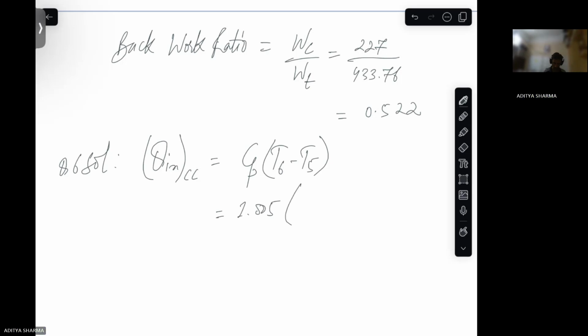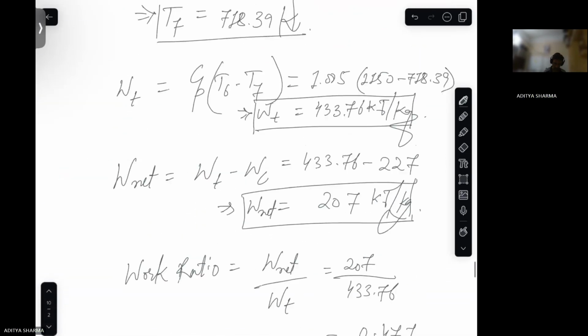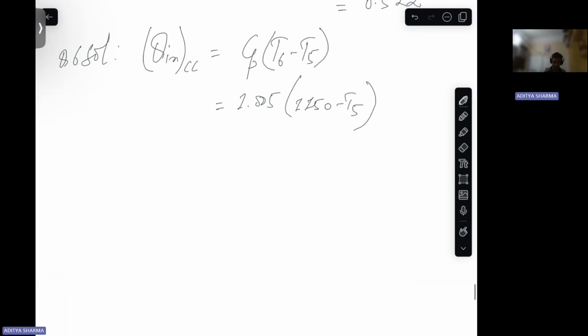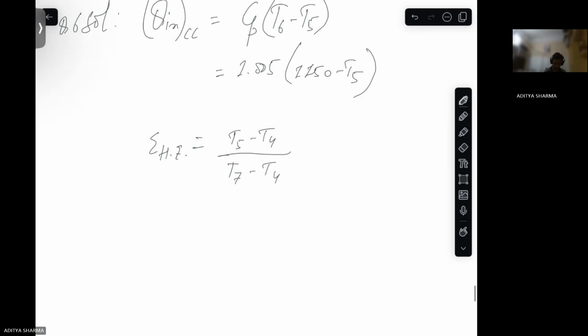T6 is 1150. T5 we don't know, but we know effectiveness. Effectiveness is (T5 minus T4) divided by (T7 minus T4). Okay. From here, you want to calculate T5.